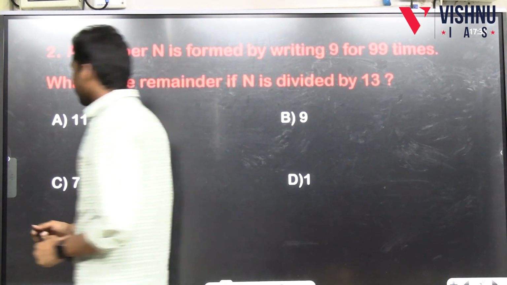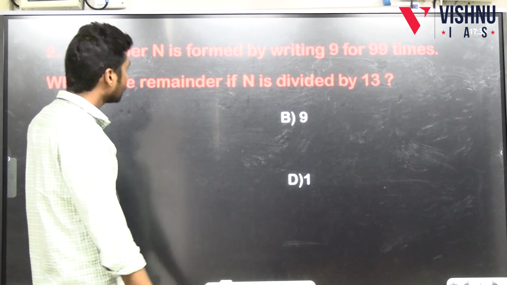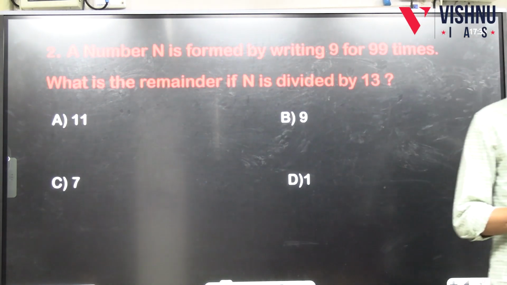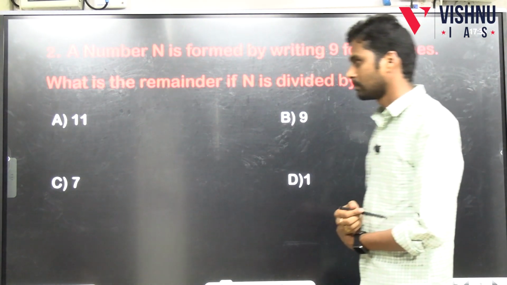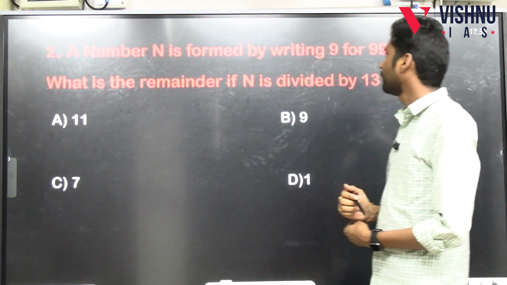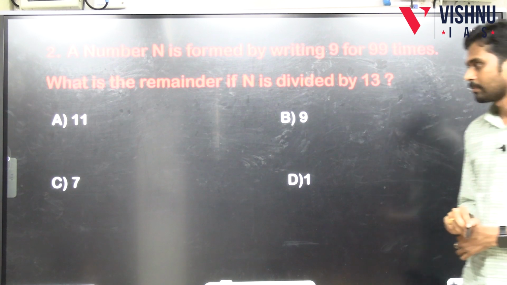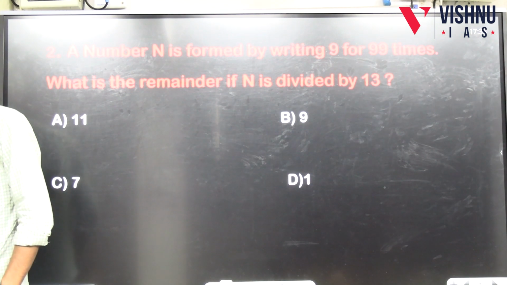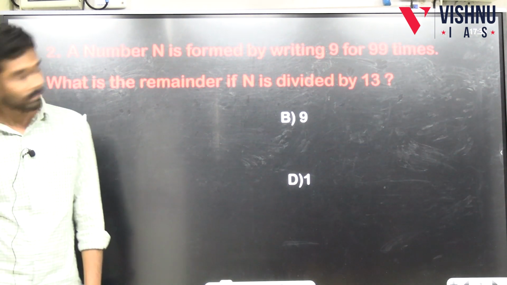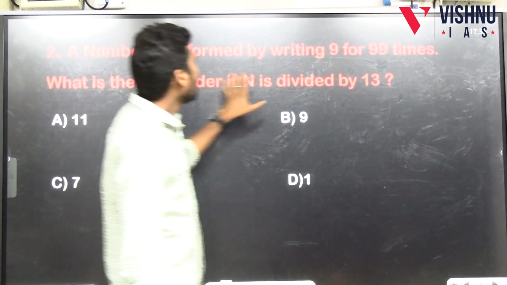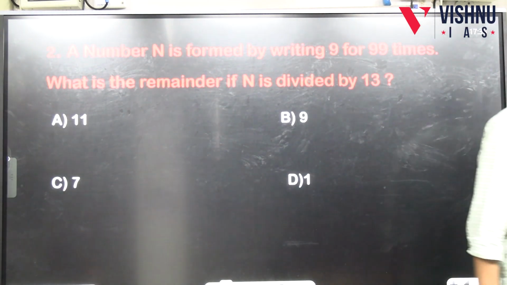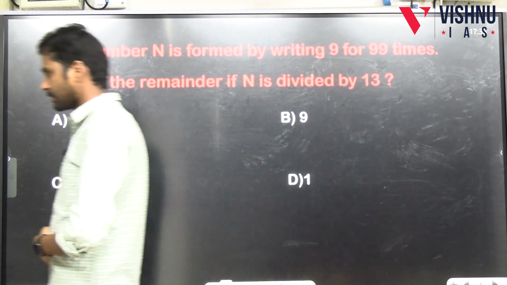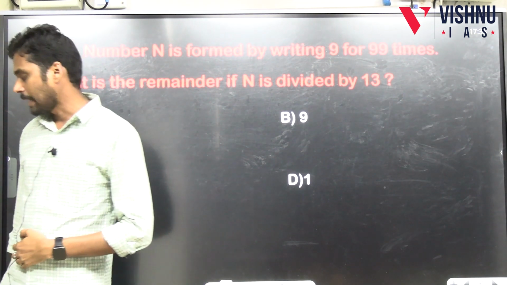This is another interesting one. Next question. A number n is formed by writing 9, 99 times.